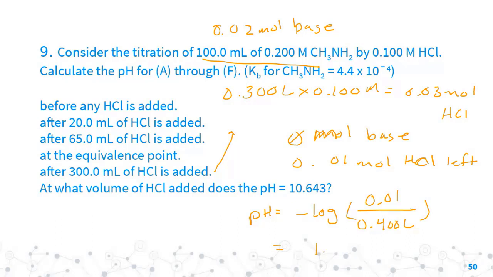And then I got 1.60 for that. Once you break past the equivalence point, then basically you're just doing excess, so you can just do pH equals negative log.